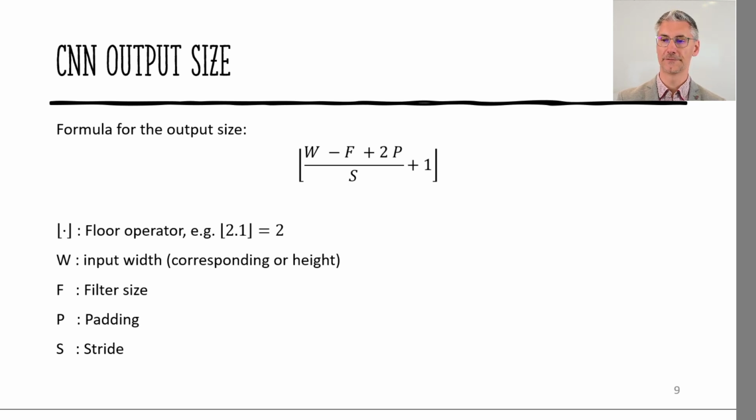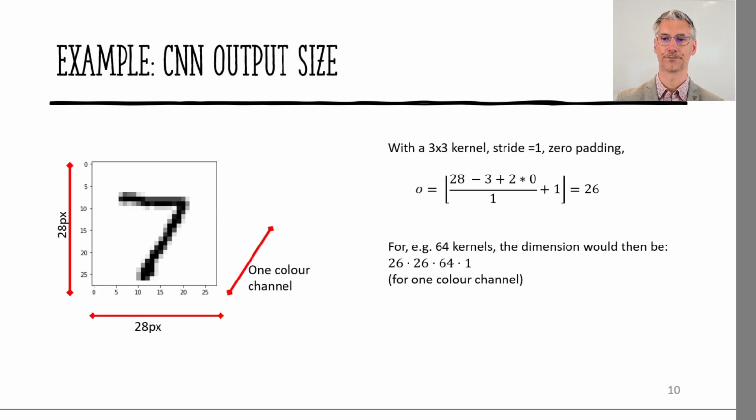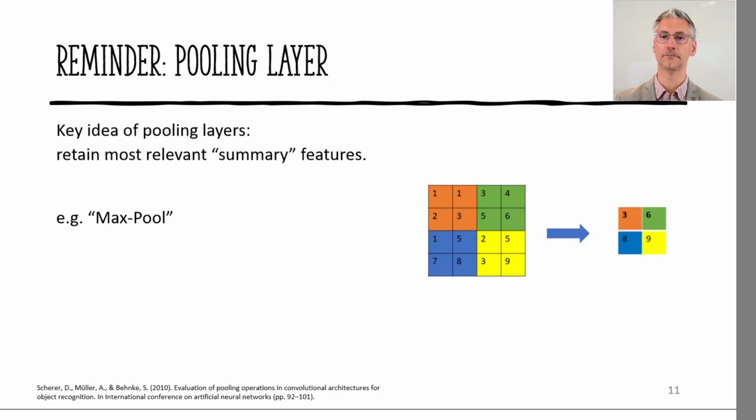Then the input size minus the filter size plus 2 times the padding, divided by stride, plus 1, and as I said, the floor of that number. And this is how we then determine the output size of the convolutional neural network layer. So for example, for our MNIST data, we have 28 by 28 with one color channel with a 3 by 3 kernel, stride 1, 0 padding, you would have 26.